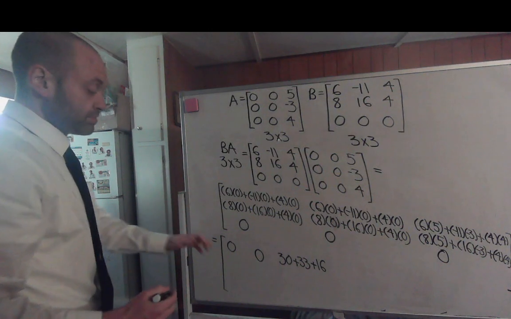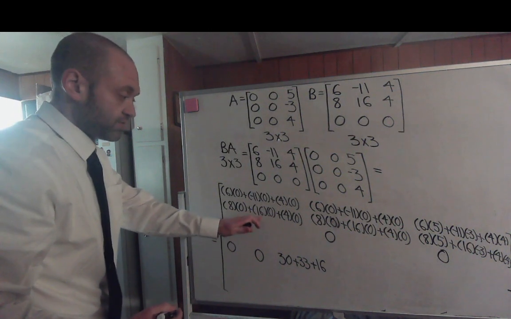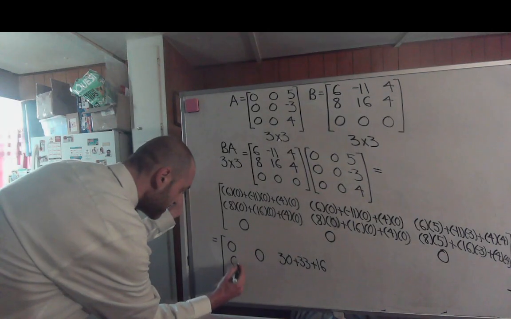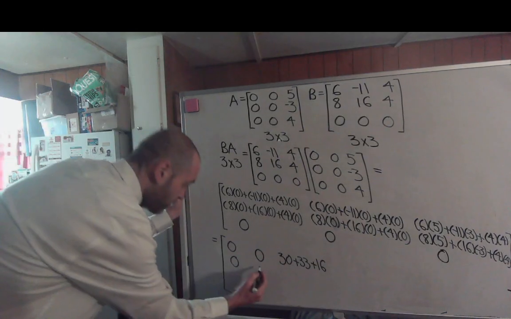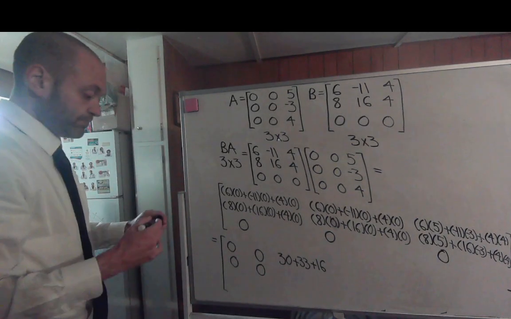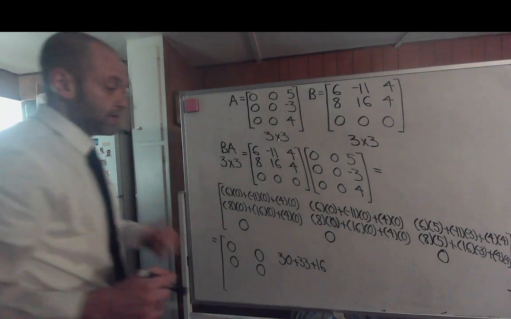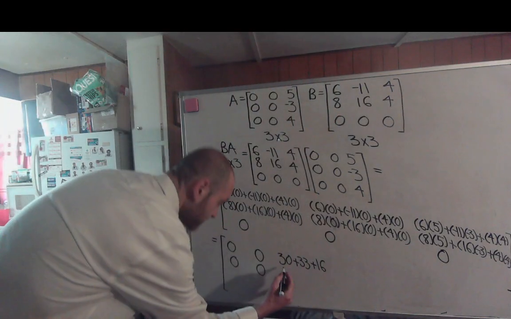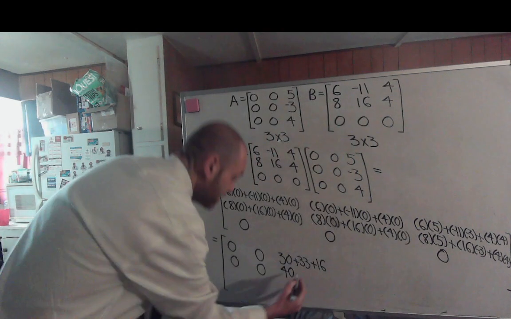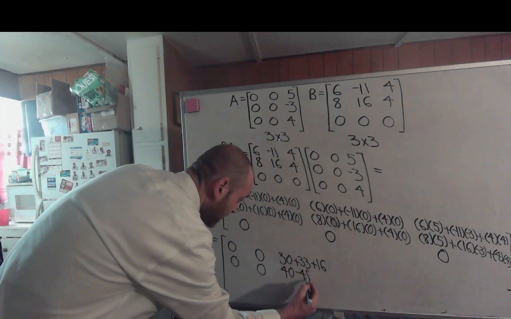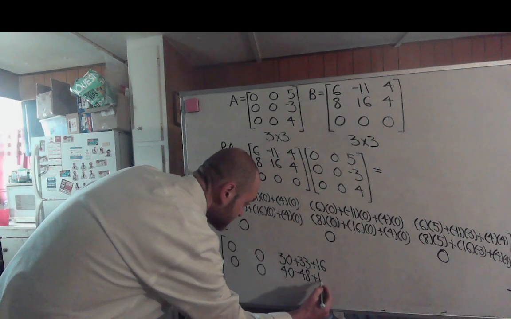And then the first number of your second row, all zeros. The second number of your second row is all zeros. But then the third number of your second row, so 8 times 5 is 40, and then 16 times negative 3, that's actually minus 48, and then 4 times 4, that's actually plus 16.